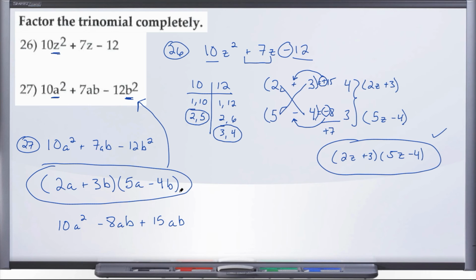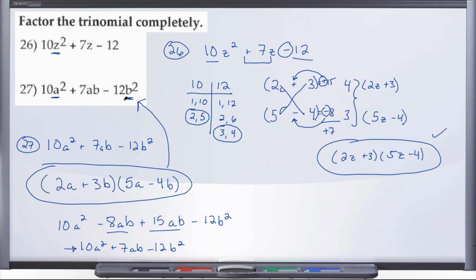And lastly, 3b times negative 4b gives us negative 12b squared. We can combine our like terms, and so we get 10a squared plus 7ab minus 12b squared. And you'll notice that, yes, indeed, this trinomial does match the original trinomial we started with.